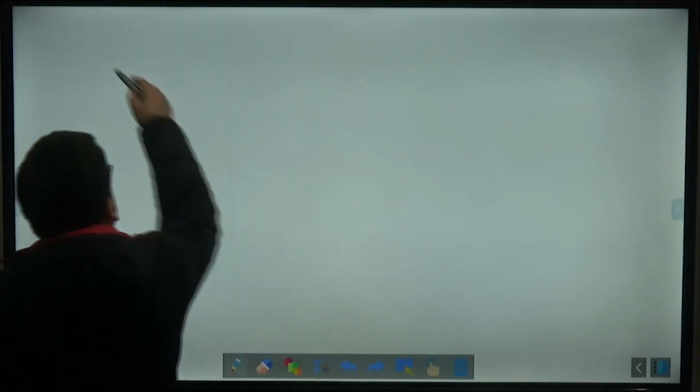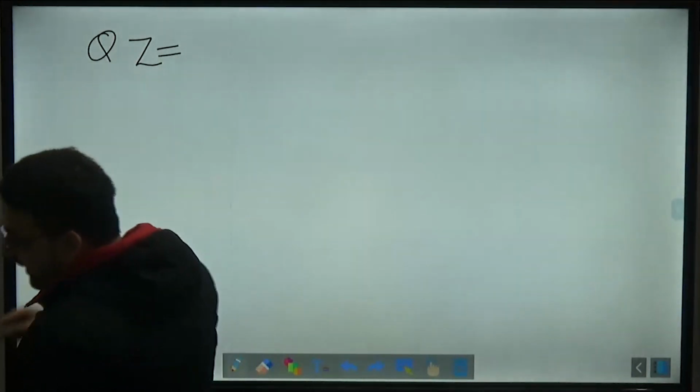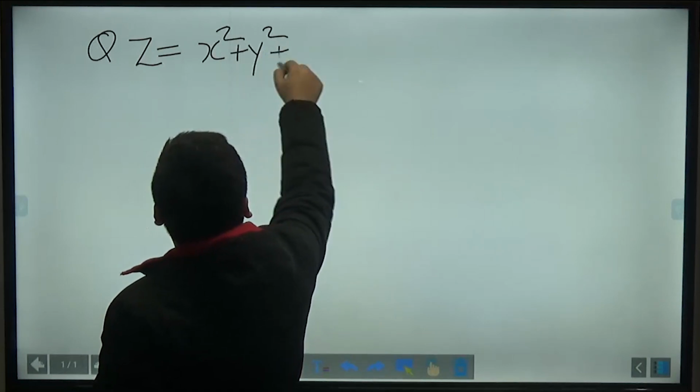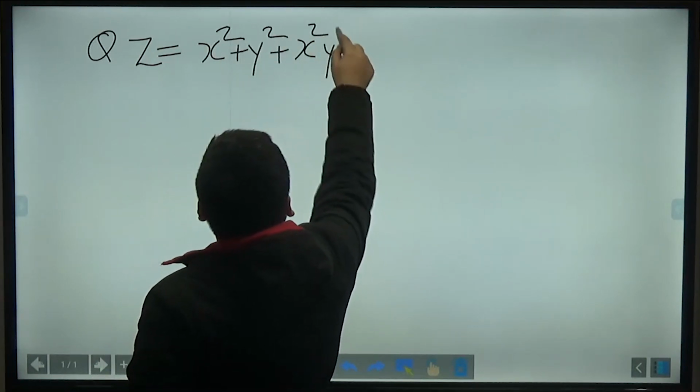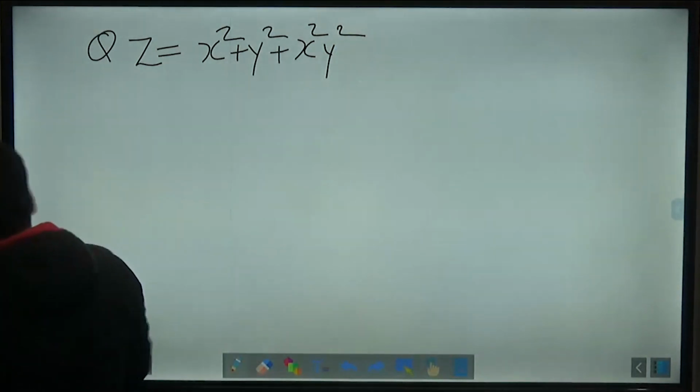For example, let us say that you have a question. Question is z is equal to x square plus y square plus x square y square. Right?